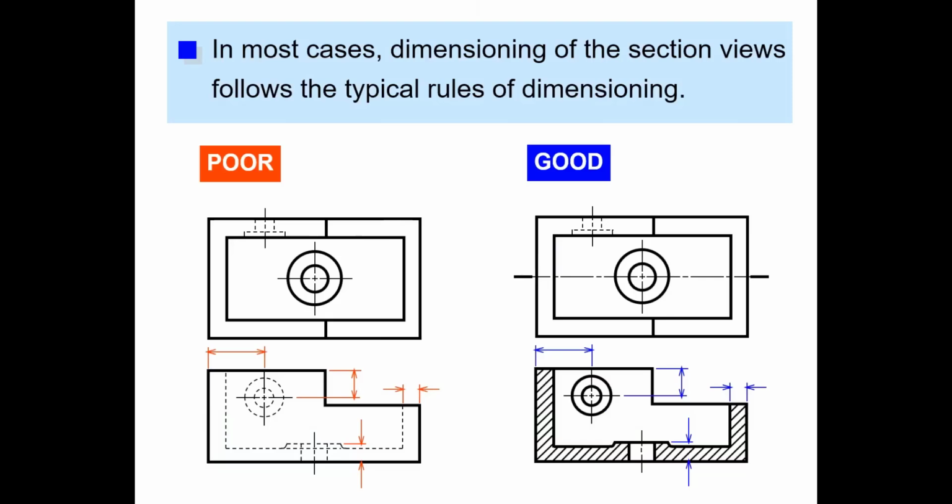In the front view you have a lot of hidden lines, and you make it worse by adding dimensions, because one of the rules of dimensioning is to try to avoid dimensioning hidden parts if possible. But when you don't do sectioning, you will put dimensions on all the hidden parts.